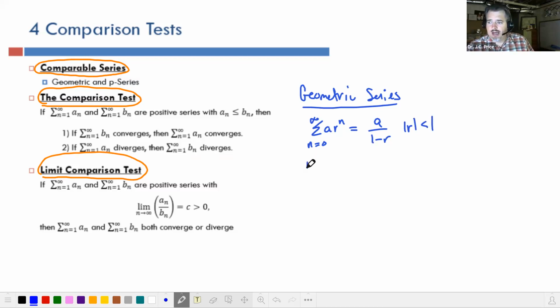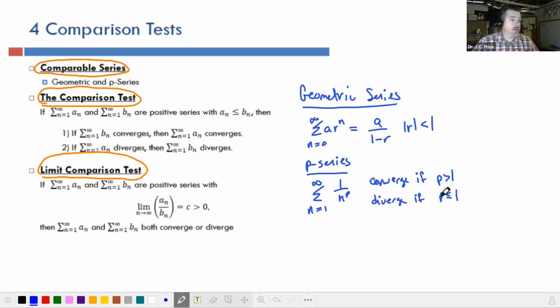And then we also have these p series, and they look like this: the sum n equals 1 to infinity of 1 over n to the p, and these things converge if your p is bigger than 1, and they're going to diverge if p is less than or equal to 1. And again, p series we understand completely.